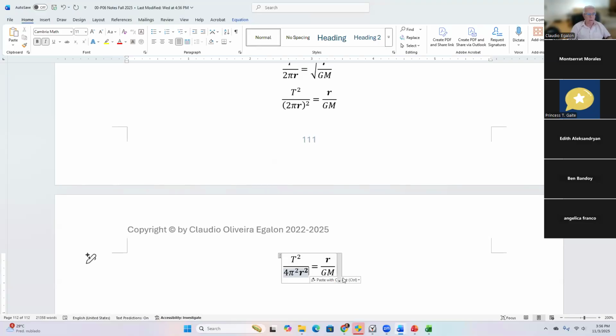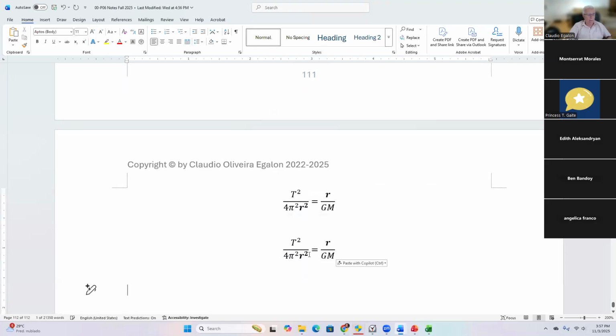Here you go. That's how we do it, right? And now solve for R. In order to solve for R, I have to pass my R to the other side, and it's going to become R cubed, right? R squared times R. And I'm going to pass GM to the other side. Here you go.